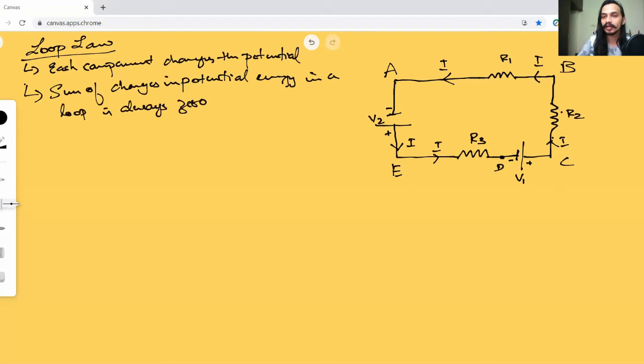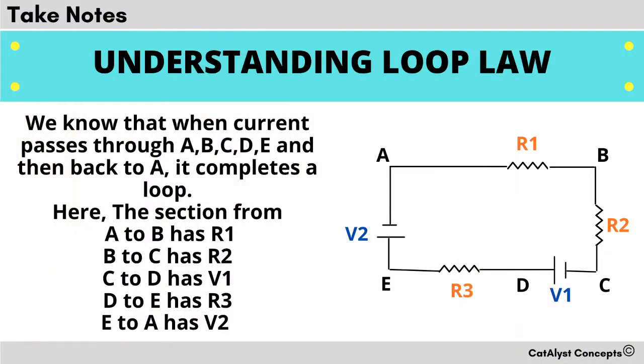B to C, one resistor. C to D, I took the point D because there is a battery over here, and after the battery there is a resistor, so that will be D to E. And from E to A, there's just one battery. So we'll take points between every one component of the circuit.